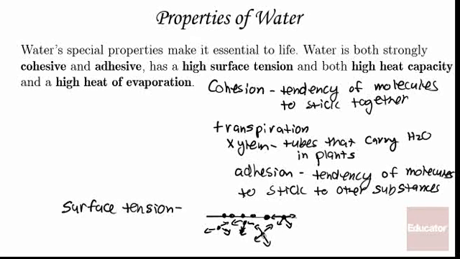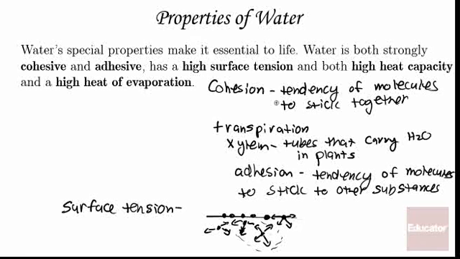So here, the attractive forces are dispersed among many molecules. Here, since there's no water molecules above, the bonds between the adjacent molecules and the ones below would be stronger. The result is that the molecules right here are more cohesive than the ones underneath. And that accounts for the surface tension, the high surface tension of water.